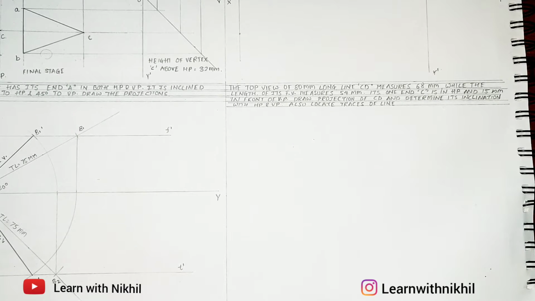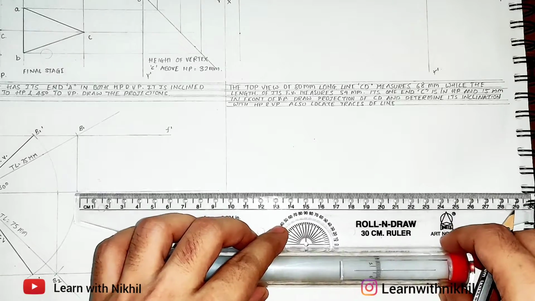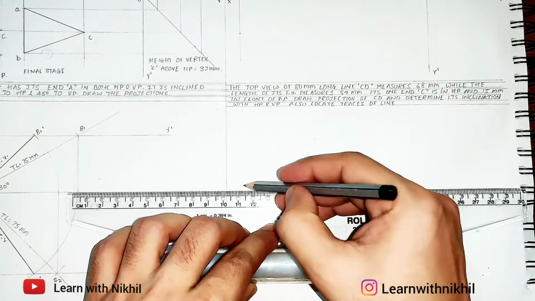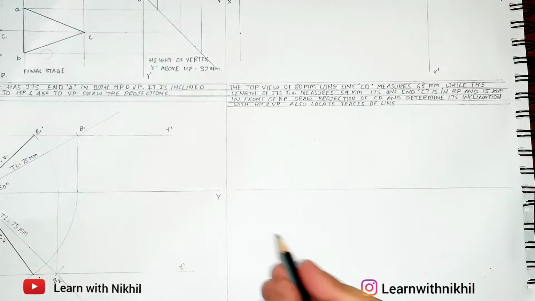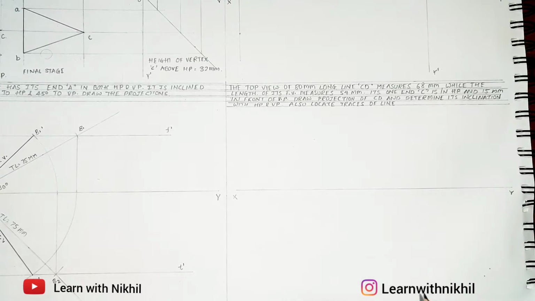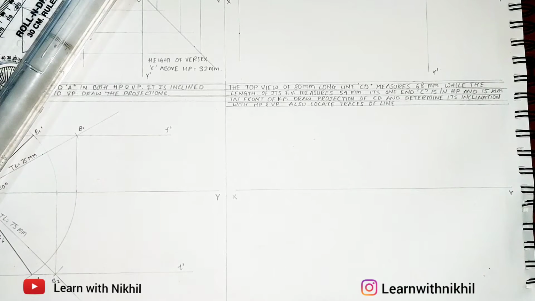Now for drawing it, we'll draw the axis first, the XY axis. Here also we require only two planes, the vertical plane and the horizontal plane. So we'll just draw the XY line.